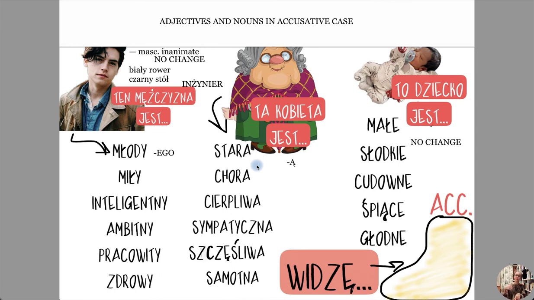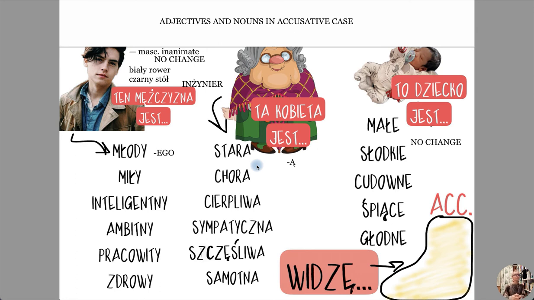Pizza would be then in the accusative case in Polish. You would have to recognize that this is a feminine noun, and you would have to know what is the proper ending for the feminine nouns in the accusative case to make this sentence logical and correct.